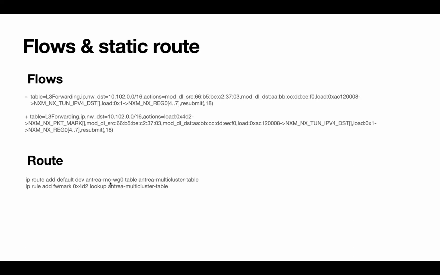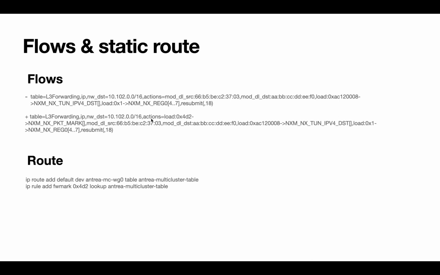So in this way we can do the minimal change of the flows. We just need to change one flow for the multiple cluster, and we will not change other flows. For this flow we just need to add actions.